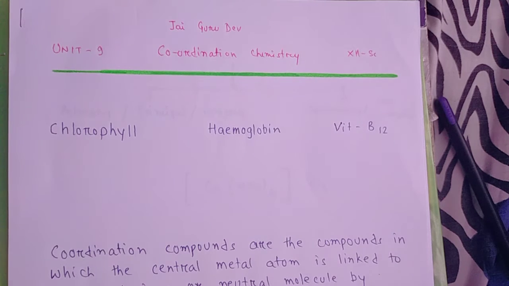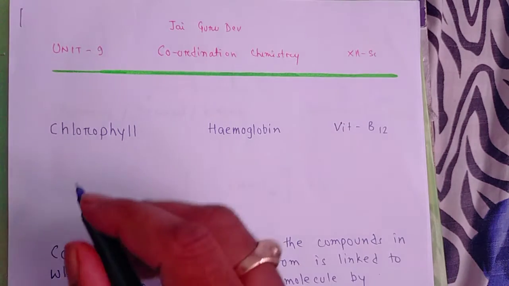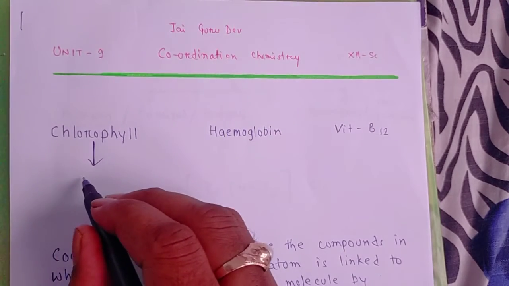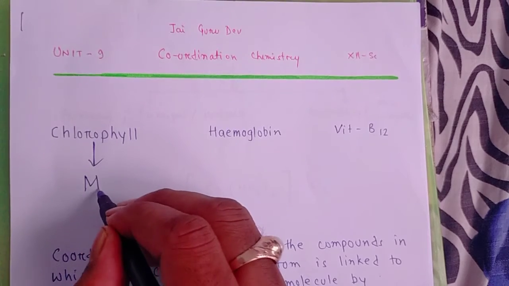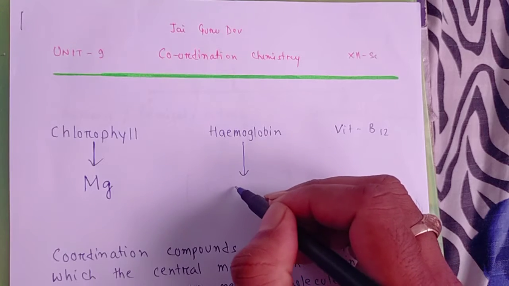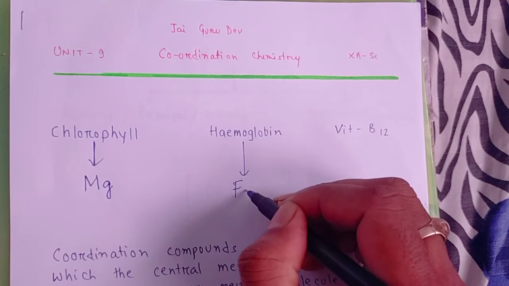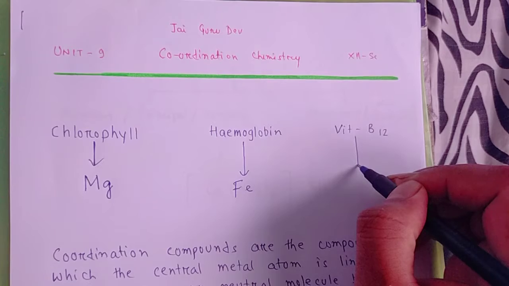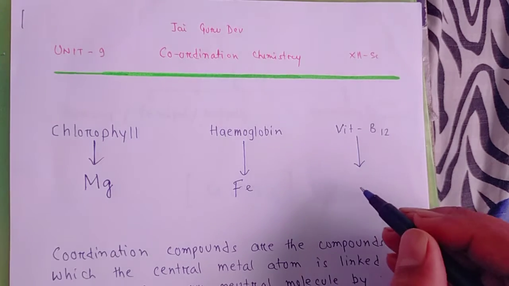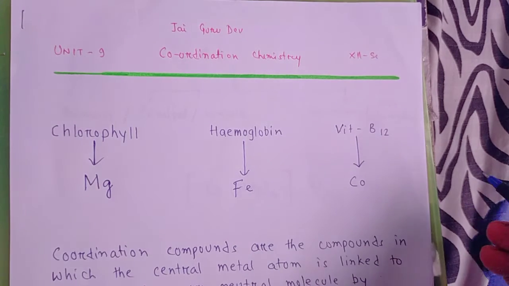First of all, to begin with, consider the central metal of chlorophyll. In the center of chlorophyll we have magnesium metal, in hemoglobin we have iron, and in vitamin B12, I repeat, vitamin B12 is also called cyanocobalamin, cobalt is the central metal.